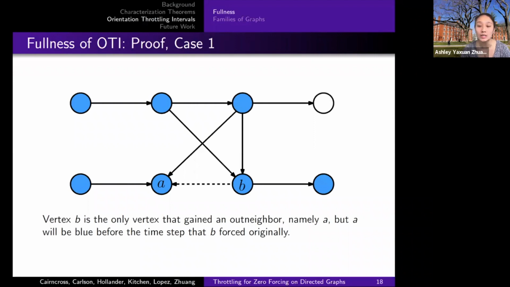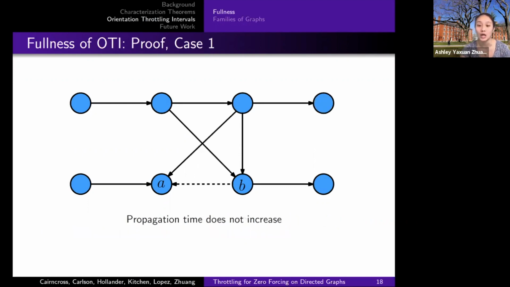And also B is the only vertex that has gained an outneighbor, namely A, but A will already be blue by the time step that B had originally forced because A had originally been the vertex that forced B. So therefore, B's forcing will not be stalled at all, and propagation time will not increase in this case.